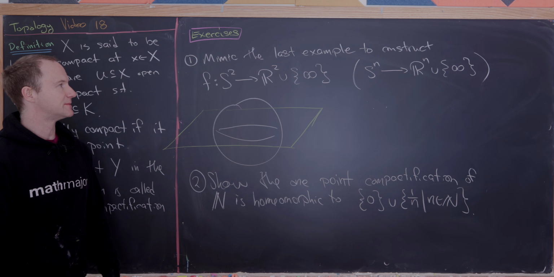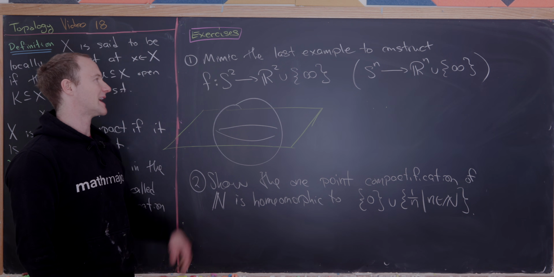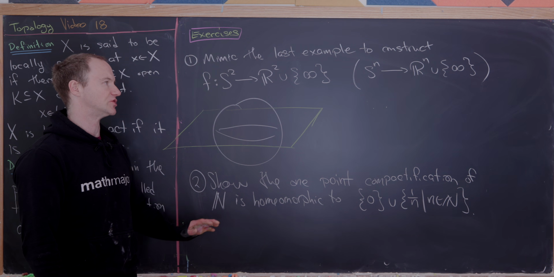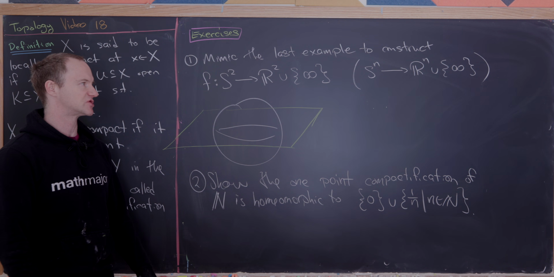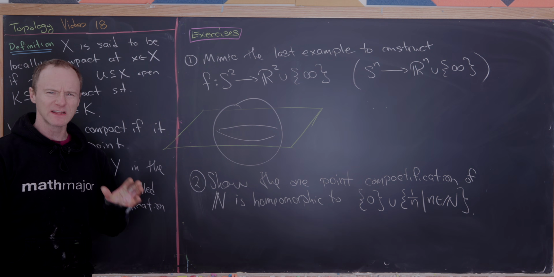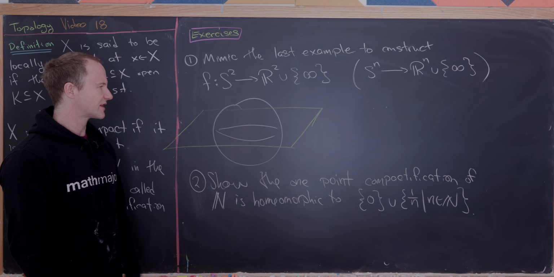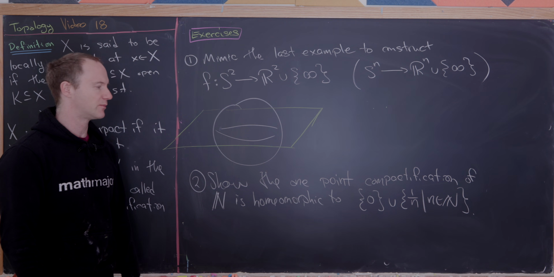The first is to mimic the last example to construct a function from S2 to the one-point compactification of R2, or generally Sn to the one-point compactification of Rn. And let's go ahead and try to find a formula in each case. And here's a little picture of what's going on here. We've got this sphere laying inside of a plane.